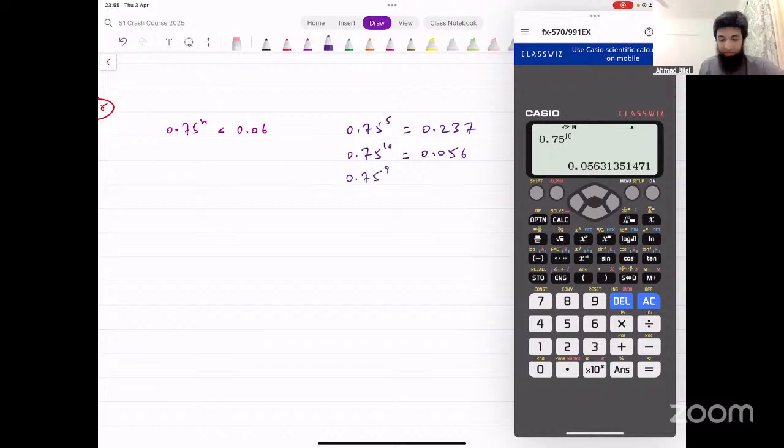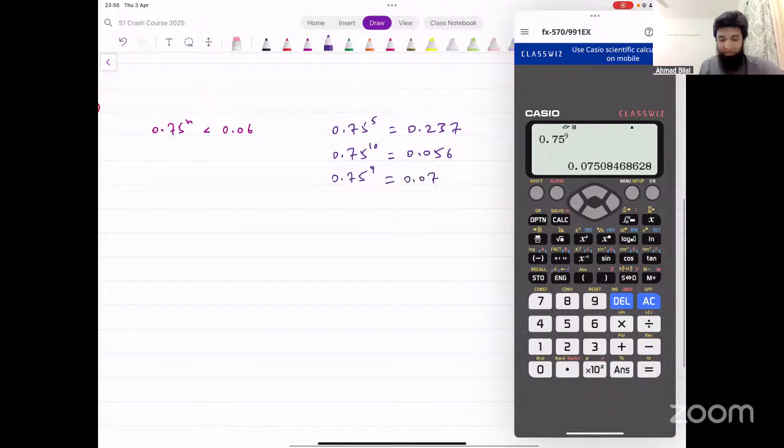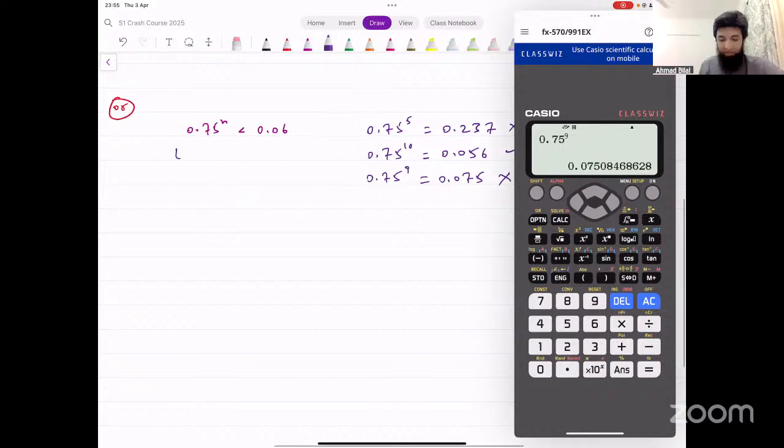We want the first value of n for which the result is less than 0.06. Let's try 9 now. 9 is giving me 0.075. So this is not working. This is working. So 10 is the first number at which the probability becomes less than 0.06.